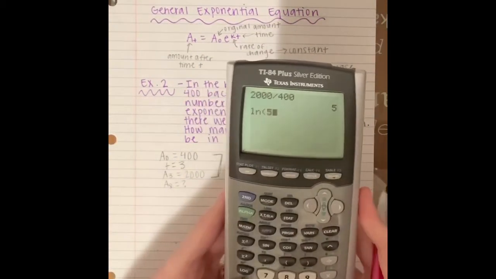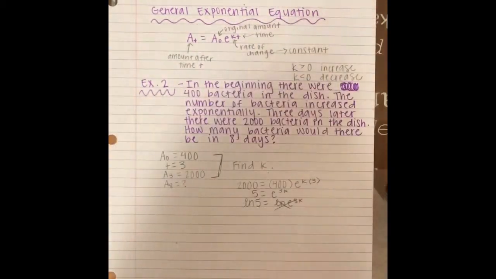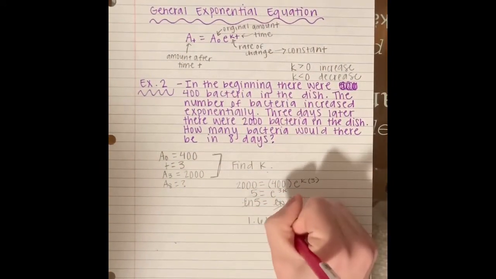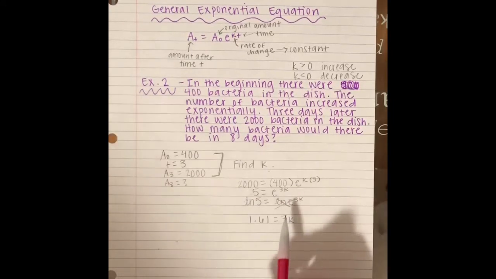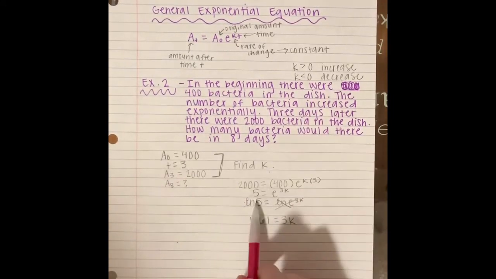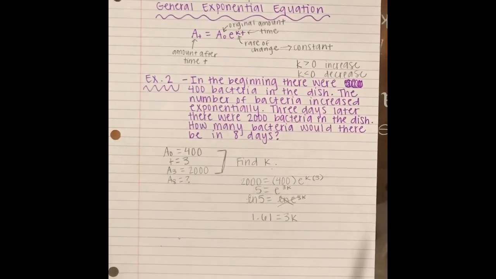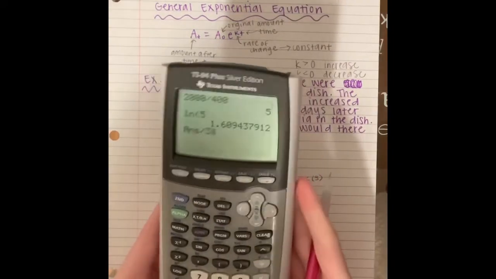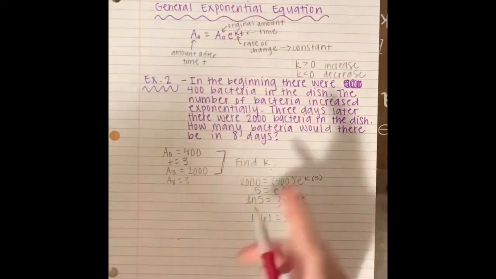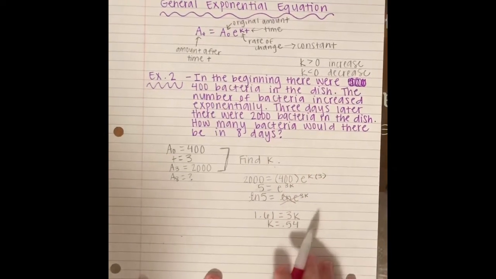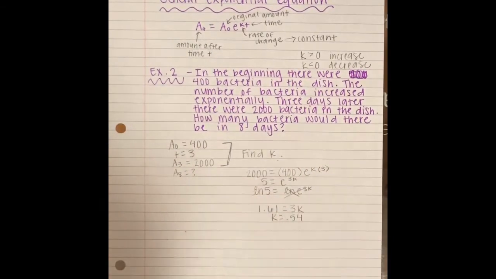And I have ln of 5, which is 1.61, equals 3K. So if you're looking for K or T, anything in the exponent, you're going to have to use ln to get rid of that e. So then K would be 1.61 divided by 3, which is 0.54. So K equals 0.54. And remember, it's constant, so when we look for A sub 8 in just a second, we're going to use that as our K.